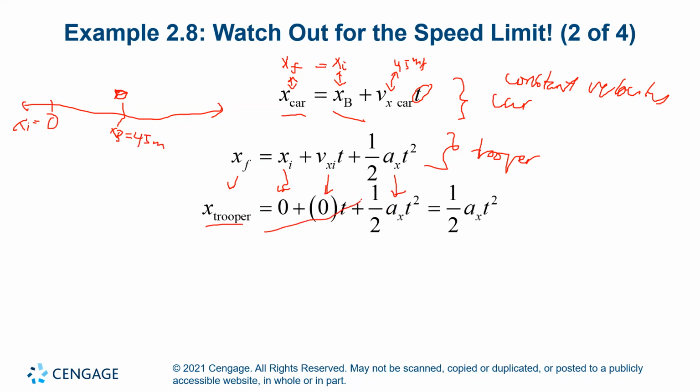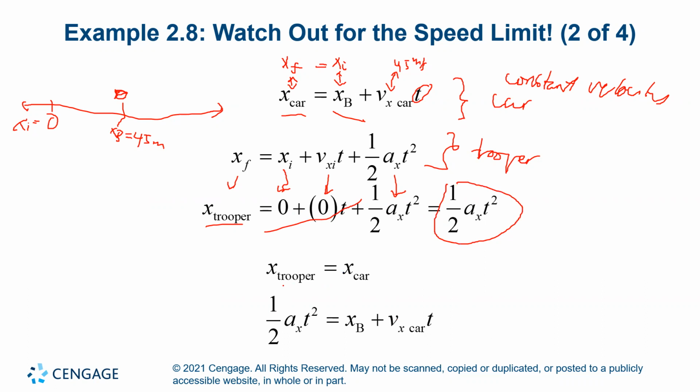Simplifying, we find this simple equation: x trooper is equal to 1/2 a_x t squared. We can equate x trooper and x car because they both refer to the position where the trooper finally catches up with the car.